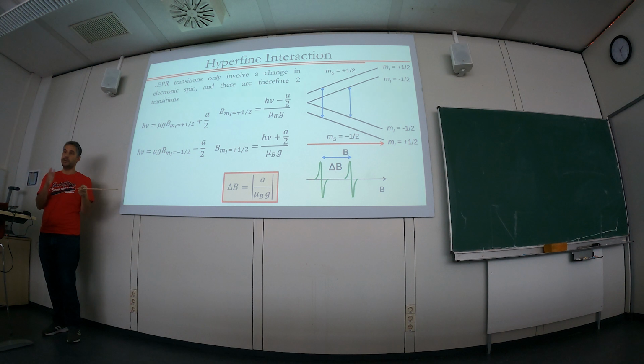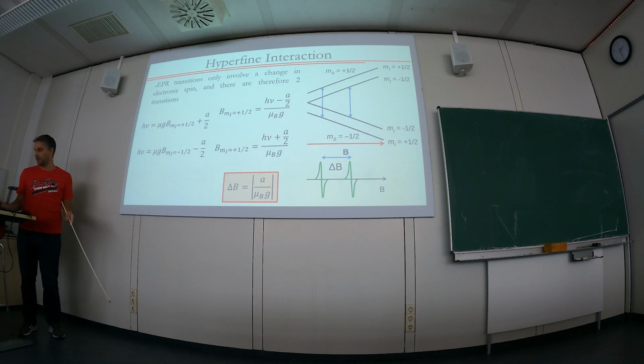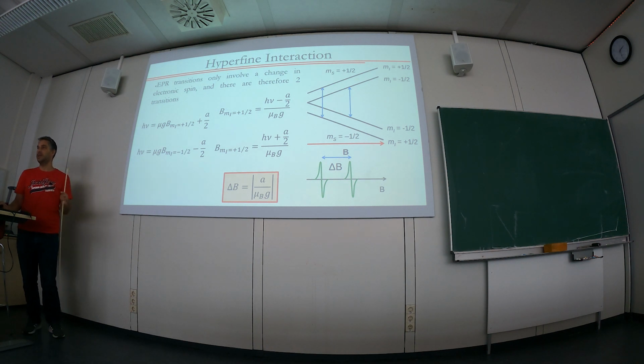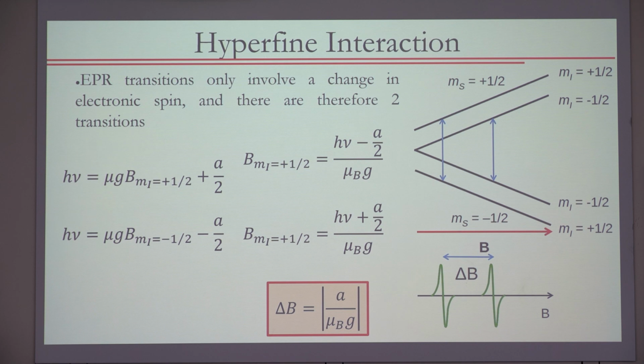The higher the G value, the lower the splitting. Unless you do very detailed analysis, you don't usually care about that.